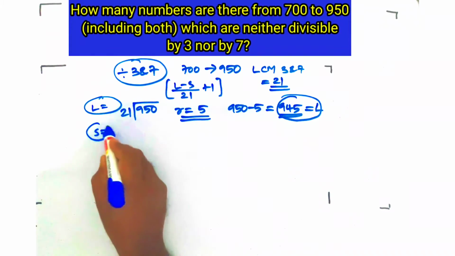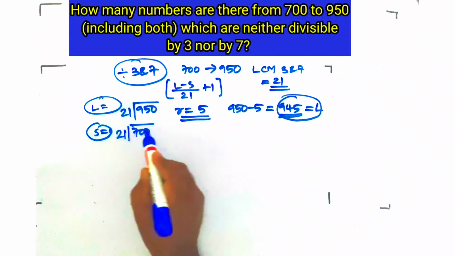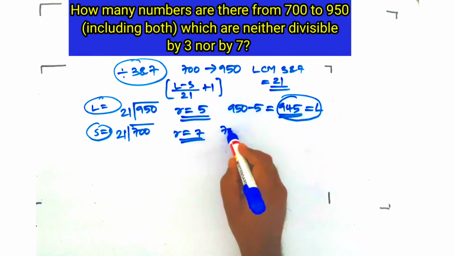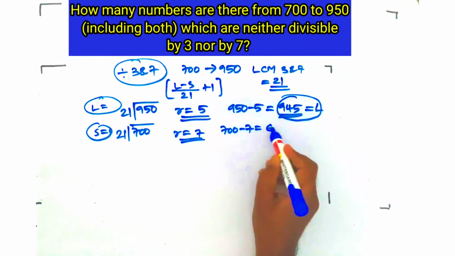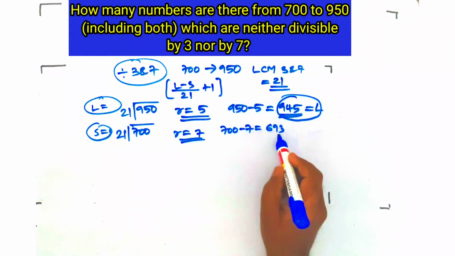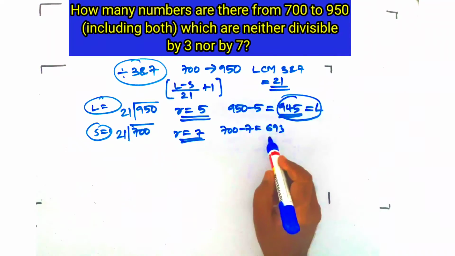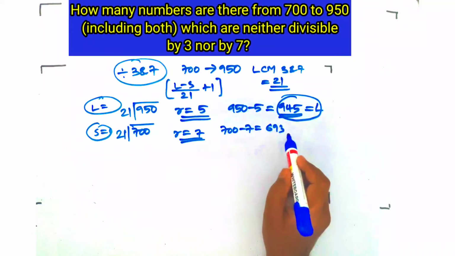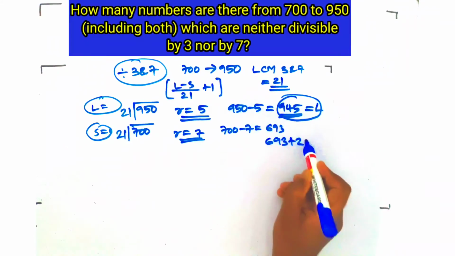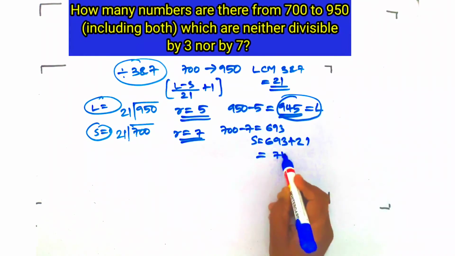How to find S? Divide 700 by 21. The remainder will be 7. So 700 minus 7, that is 693, will be a number divisible by 21. But 693 is less than 700. We have to find the lowest number from 700 to 950 which is divisible by 21. That number will be 693 plus 21. So S is equal to 714.